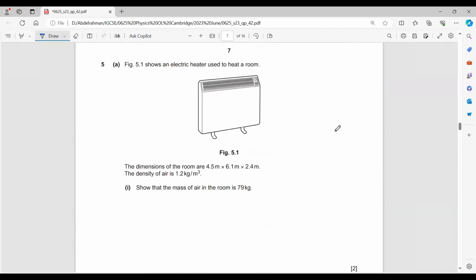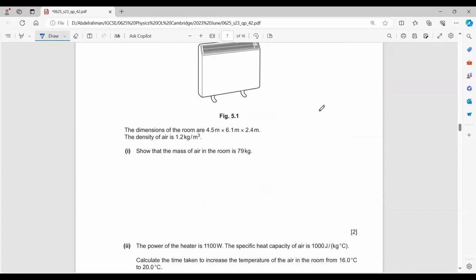Moving on to the next question. Show that the mass of the air in the room is 79 kilograms. That's an extremely easy question. What should I do? We should use the density. Density equals mass over volume, so mass equals density times volume.